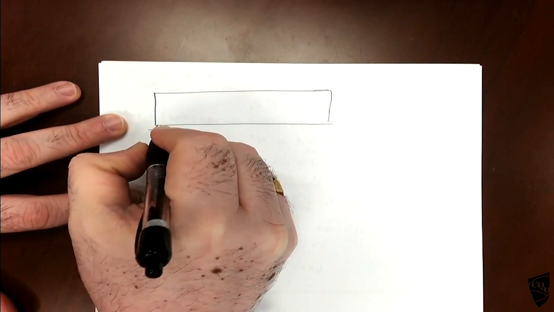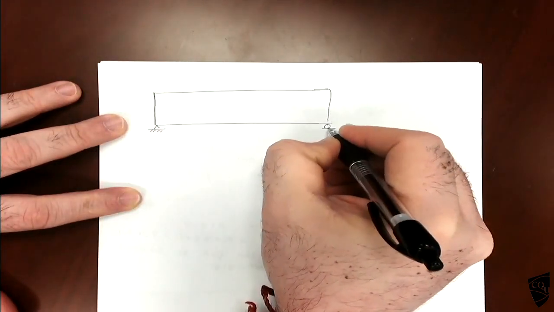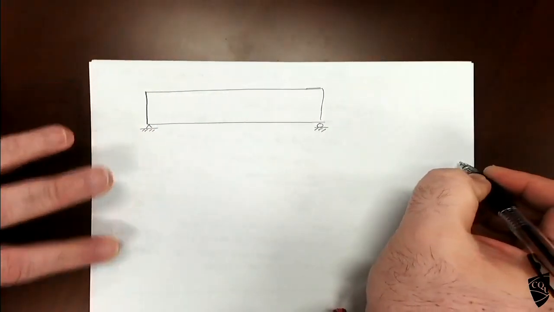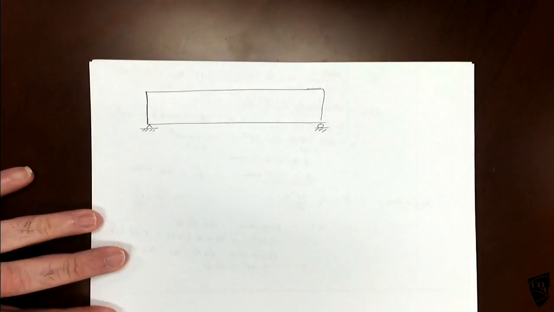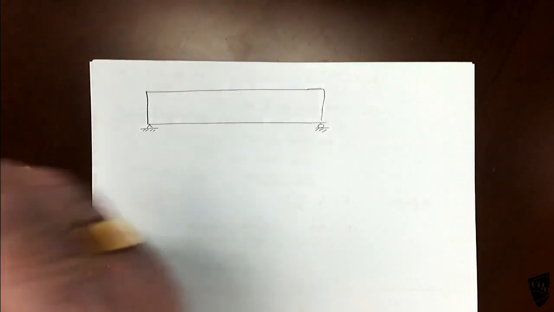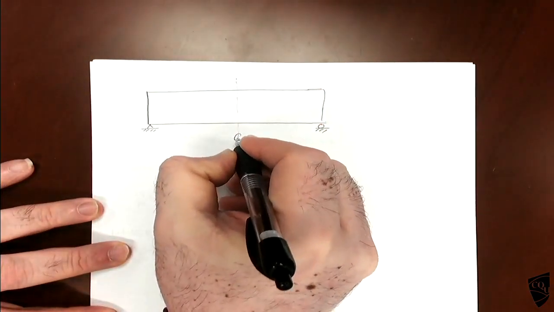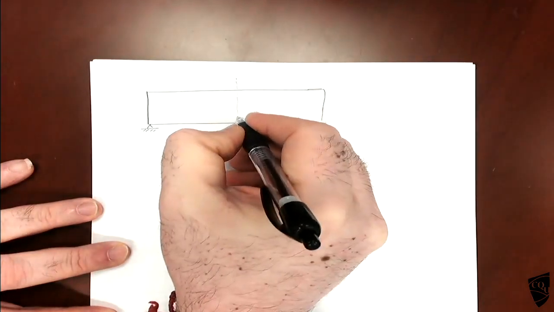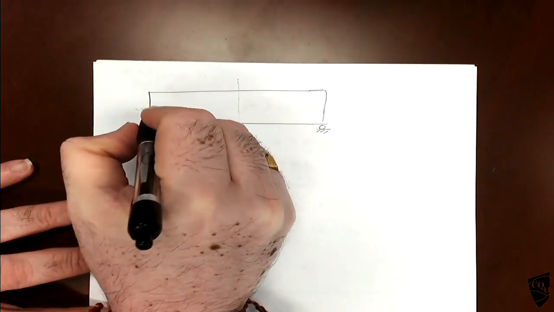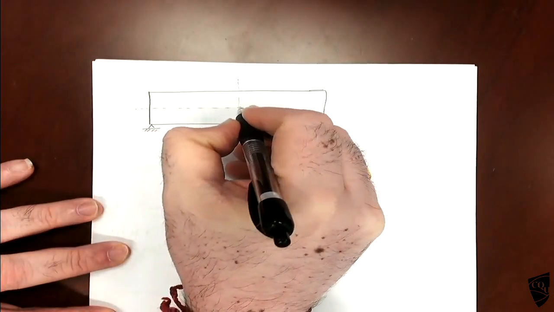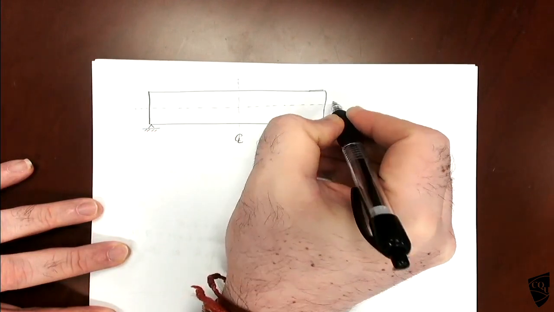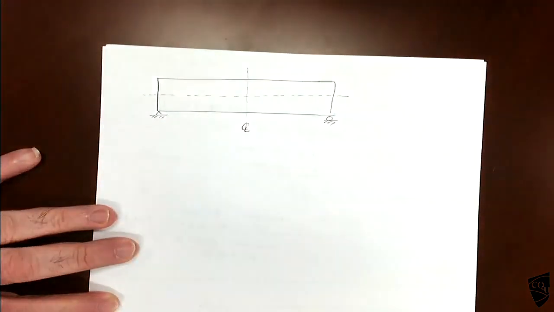So again I will use the same configuration, simply supported beam. So far we have worked out everything at the center line, because this is the critical section.